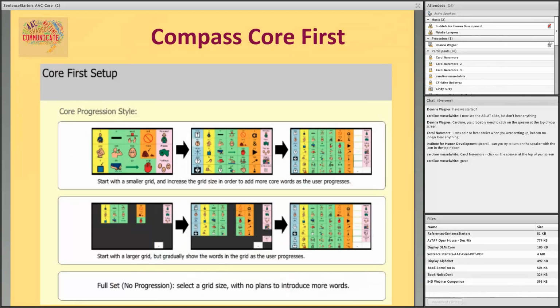Similarly, when we look at the Core First page set for Compass, they have some progression, thinking about your grid size or the number of words that you can handle, and gradually show 3 different progression steps to introduce a full core versus a starter core.